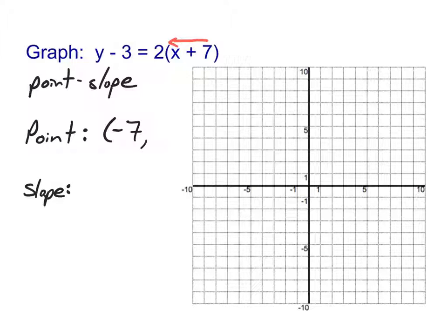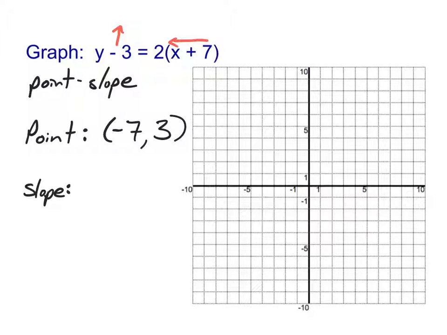Yeah, the +3 would move it up if it's over on the right-hand side there. Which tells me then, since this must still be doing the exact same thing, this -3 on the left side is actually also going to be moving it up. So when the number is over with y, it's also opposite from what you would think. And so this is going to be going up 3. Now that means my y coordinate is a +3. So when I write out my point, it goes through -7, +3.